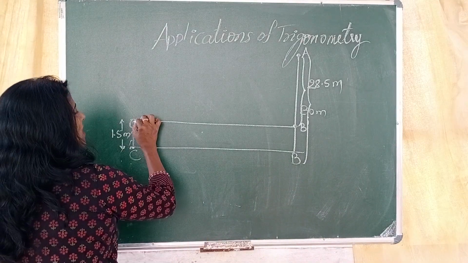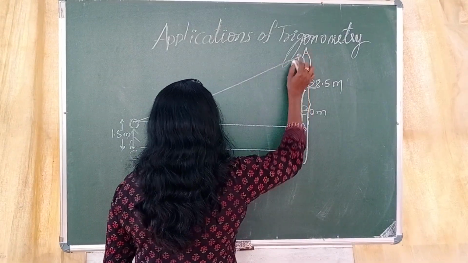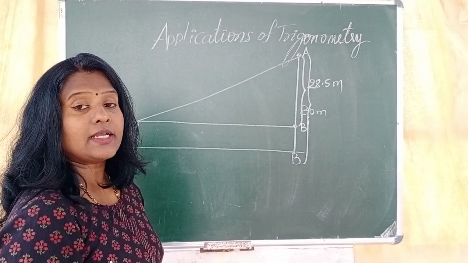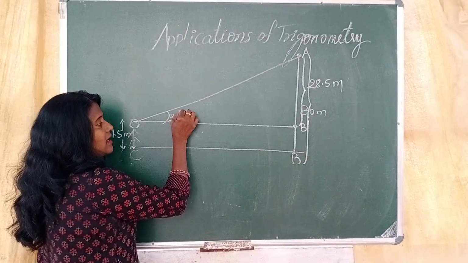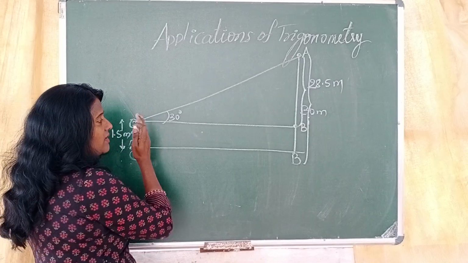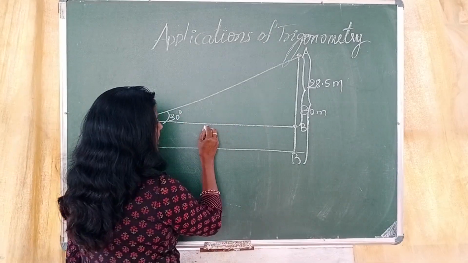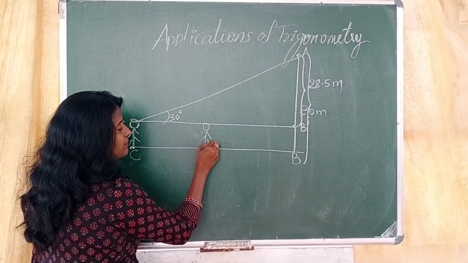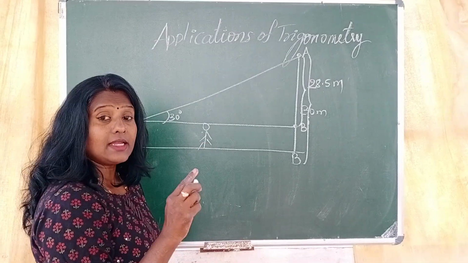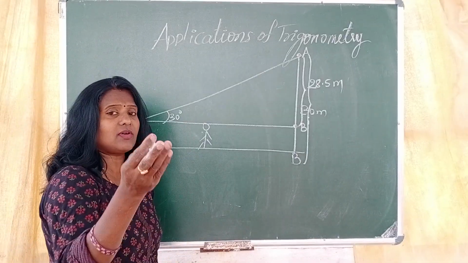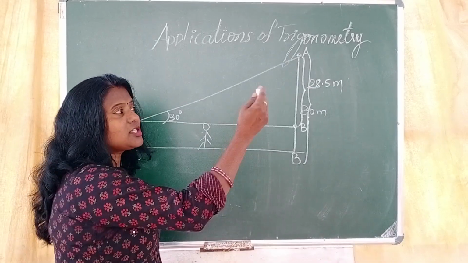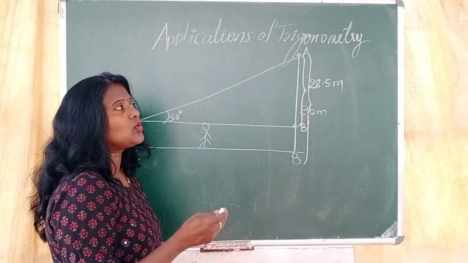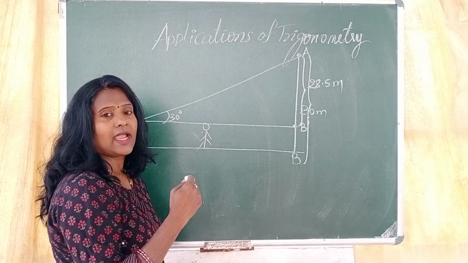Now the question is the angle of elevation from his eyes to the top of the building. See, from the eyes to the top of the building it increases from 30 degree to 60 degree. When he was far, the angle of elevation is 30 degree. But when you move towards the building, the angle of elevation increases. When you want to see an object which is far, there is no need to raise our head more.